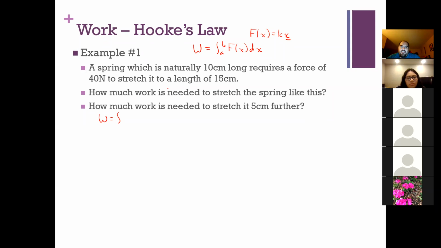So if this spring is naturally 10 centimeters long, then I'm going to call that x equals 0. Then I'm going to stretch it to 15 centimeters. So I don't want that upper limit to be 15. I want that to be 5. Remember, this x does not represent length.